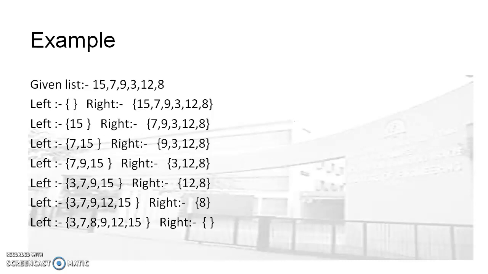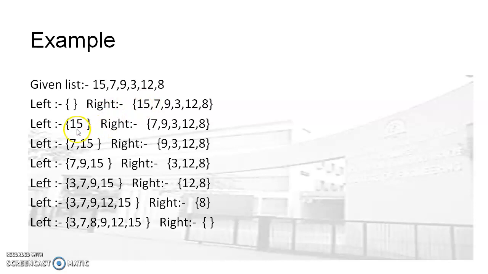Let's have a look at the example of insertion sort. The given list is 15, 7, 9, 3, 12, 8. We consider an empty left list and the entire list of elements to be sorted as right list. We take the element one by one from the right list and insert it at its appropriate position.